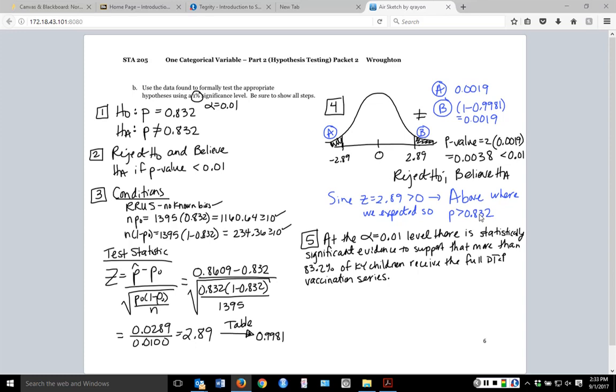Our other interpretation is only interpreting what this number up here means, 0.0038.